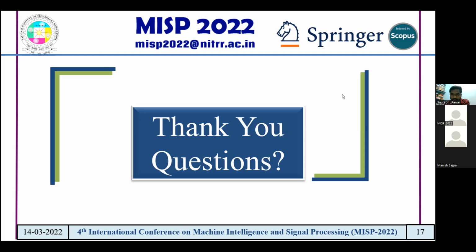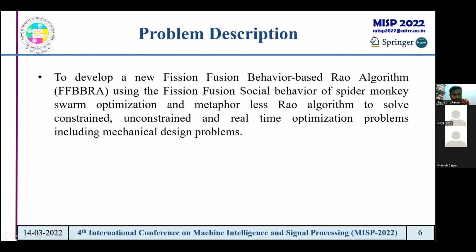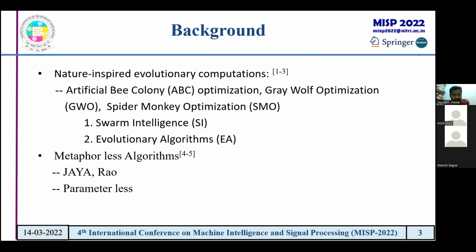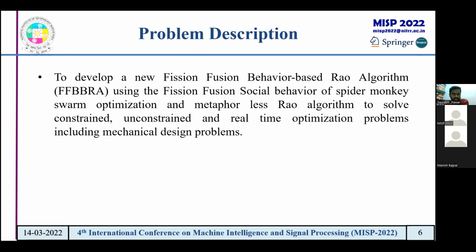Will you go to the objective slide? Problem description. Okay. Is this optimization problem very specific to the behavior of the spider monkey optimization, or can you broaden it? This is mainly on the RAW algorithm.